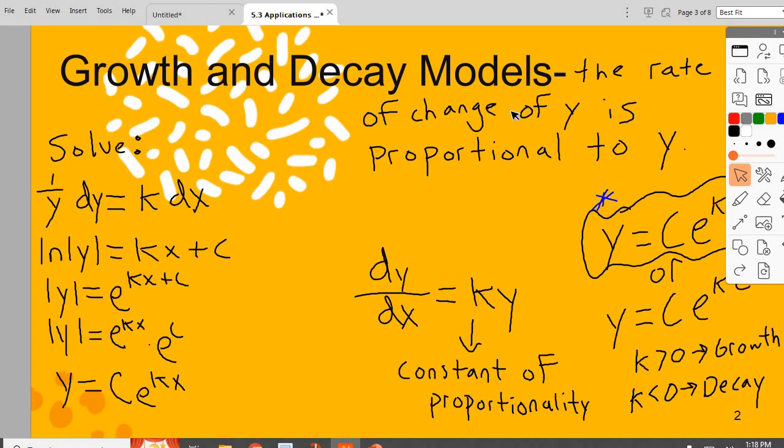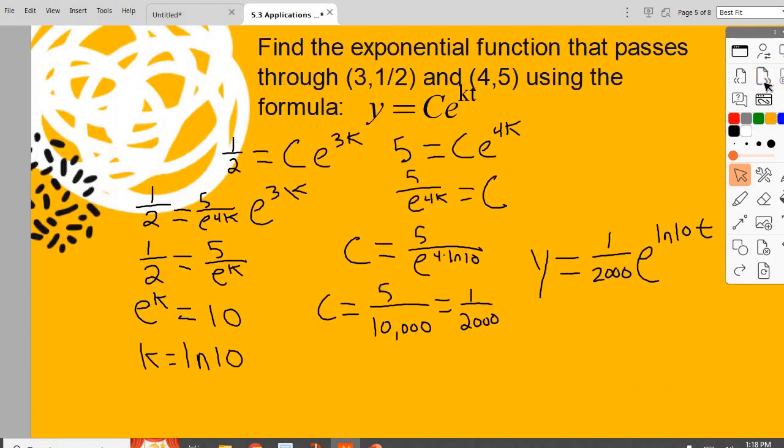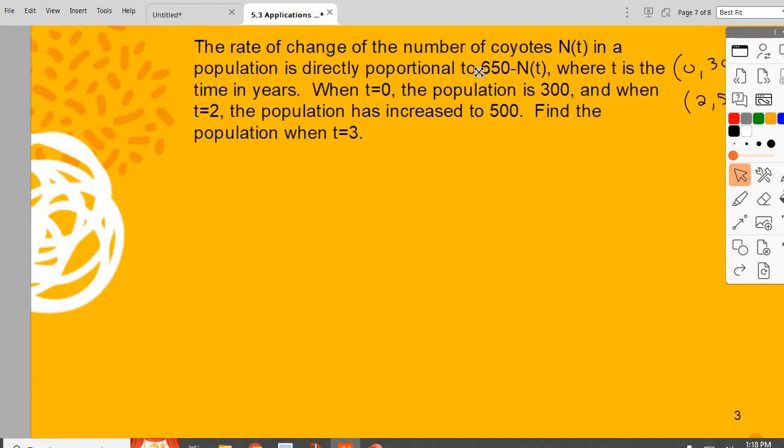The rate of change of N is directly proportional to N in order to get a standard growth model. Notice here, is it directly proportional to just N? No. Which means we can't use the standard plug-in-and-chug model. We like it when we can, but there are some instances where we can't.